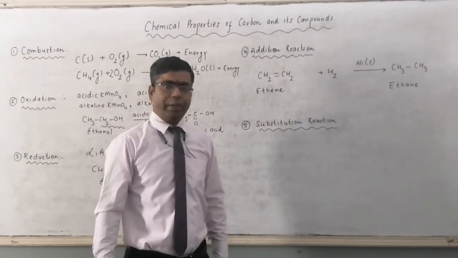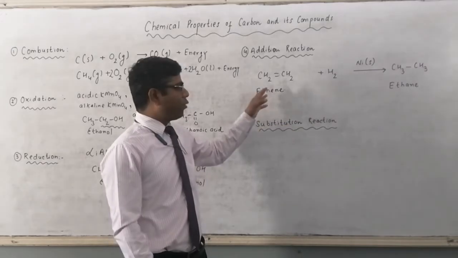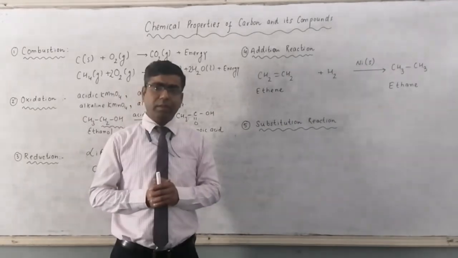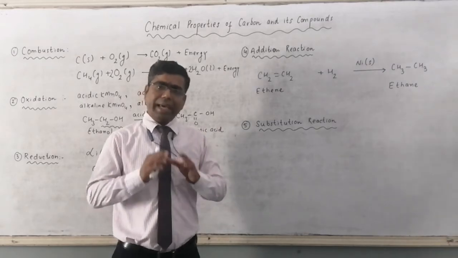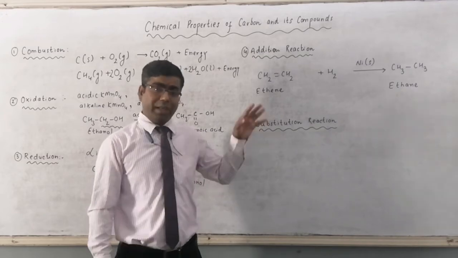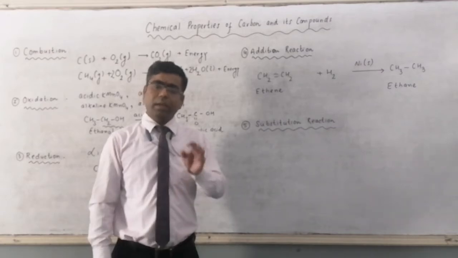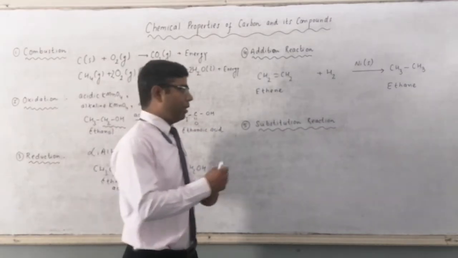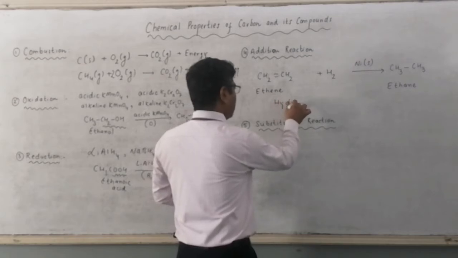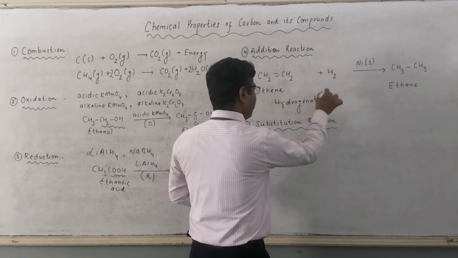Two reactants react together to form a single product. Unsaturated hydrocarbons get converted to saturated hydrocarbon by addition reaction. In this reaction, as we are adding hydrogen, this reaction is also called hydrogenation reaction.